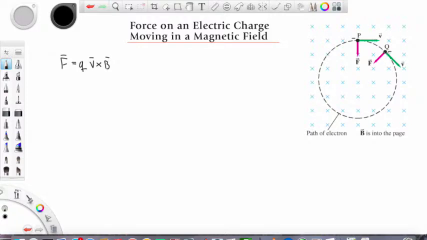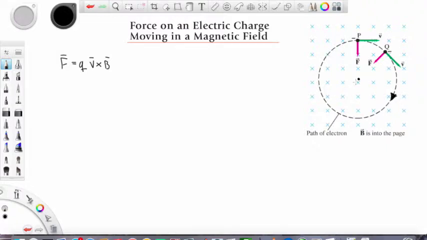If we evaluate the force again a little further along, at point Q, we see that the direction of the force changes along the trajectory, and it is always perpendicular to the velocity. So in effect, it ends up in a circular trajectory, traveling in a clockwise direction in this case.